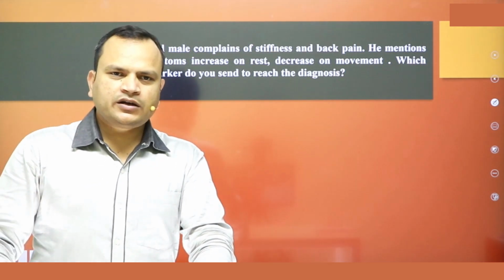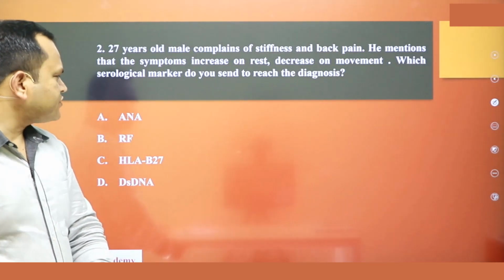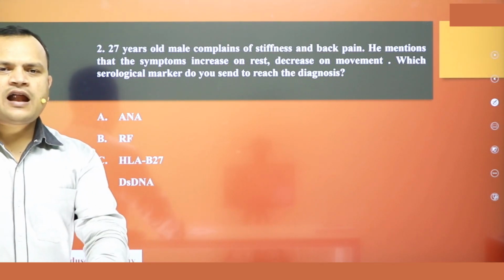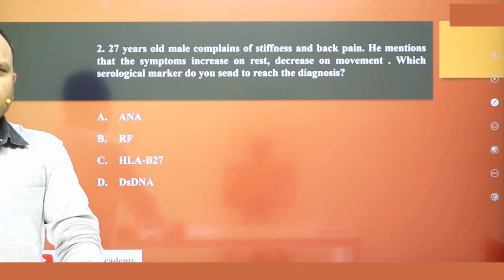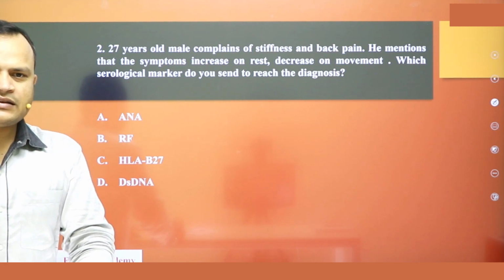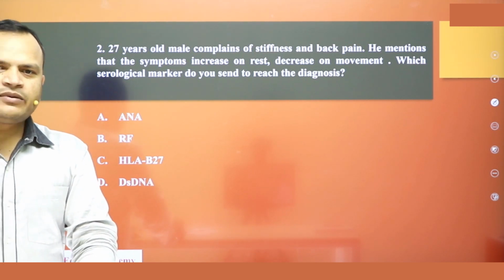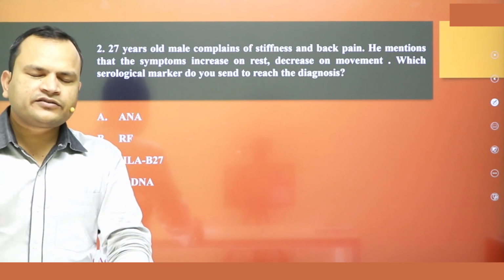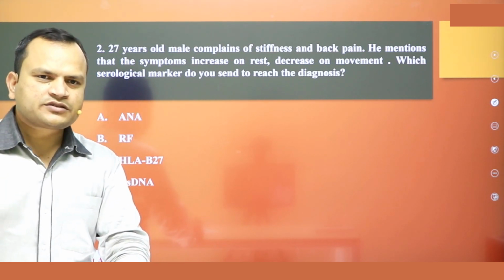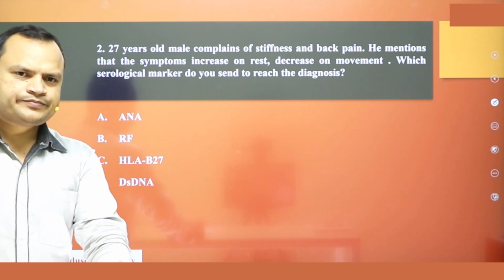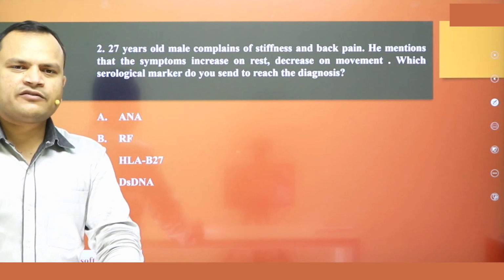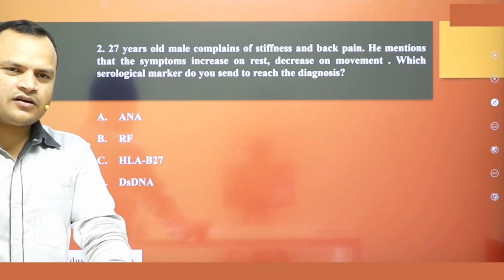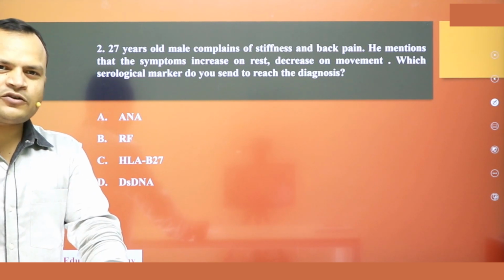Now coming to the options. The first option is antinuclear antibodies, then rheumatoid factor, HLA-B27 and double-stranded DNA. The rheumatoid factor is a screening test for rheumatoid arthritis.